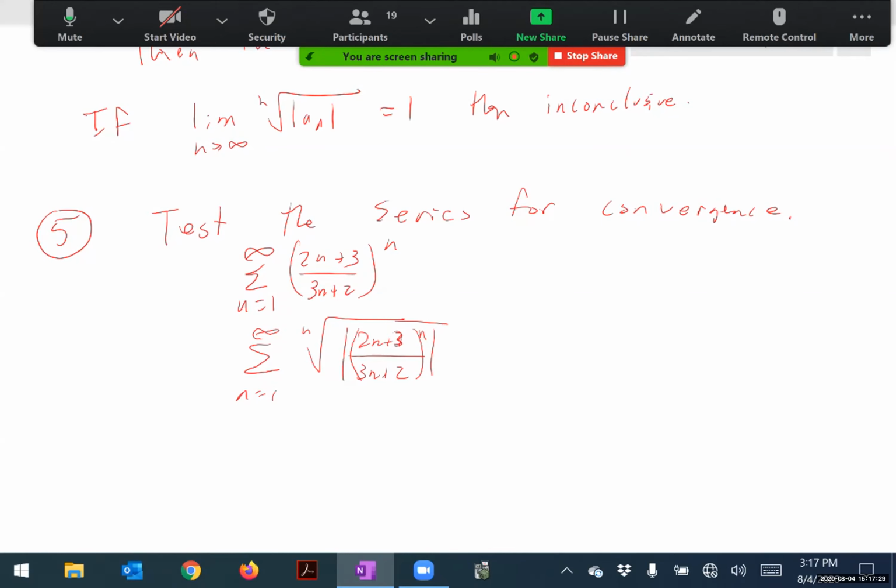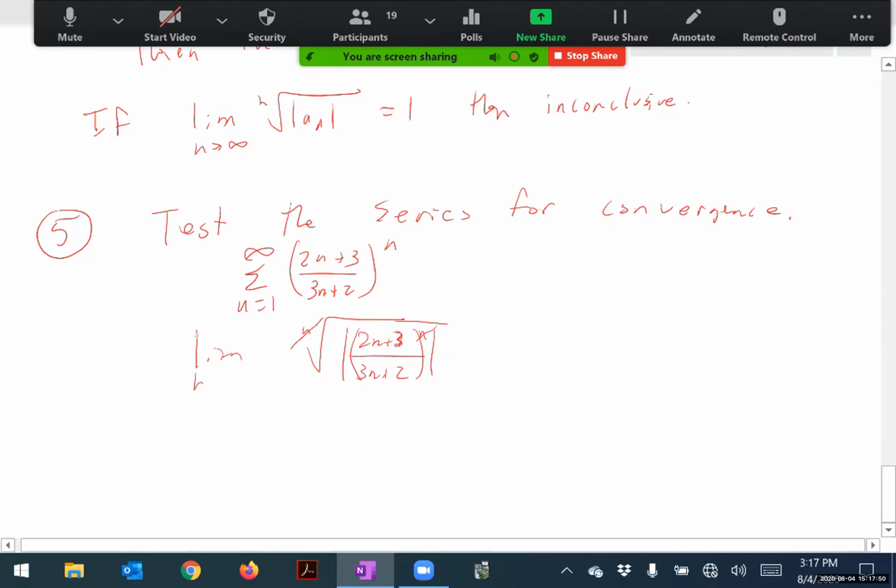Let's try the next one here. This n and this n are going to cancel each other out. So we're really just interested in the limit as n goes to infinity of the inside here.